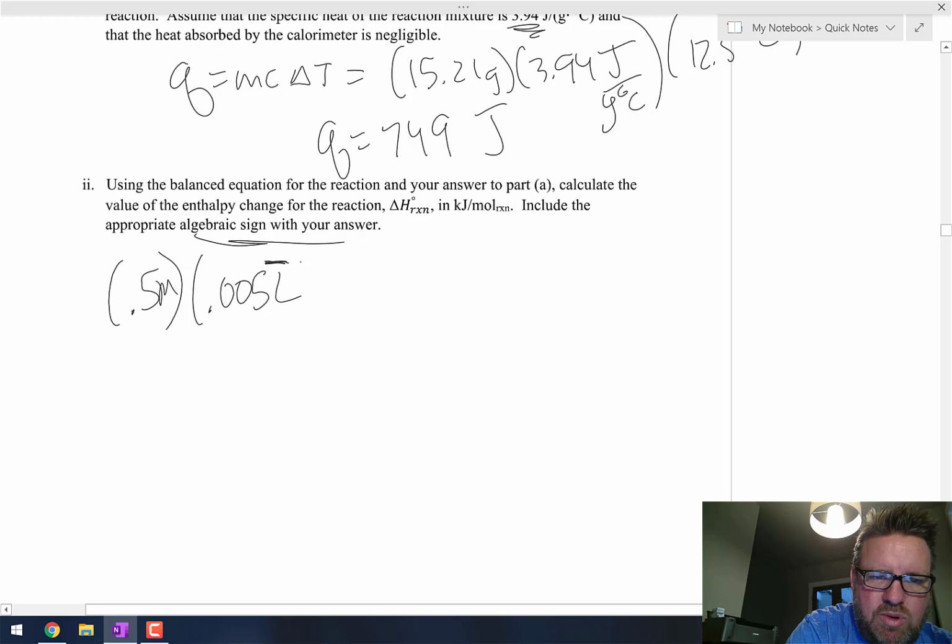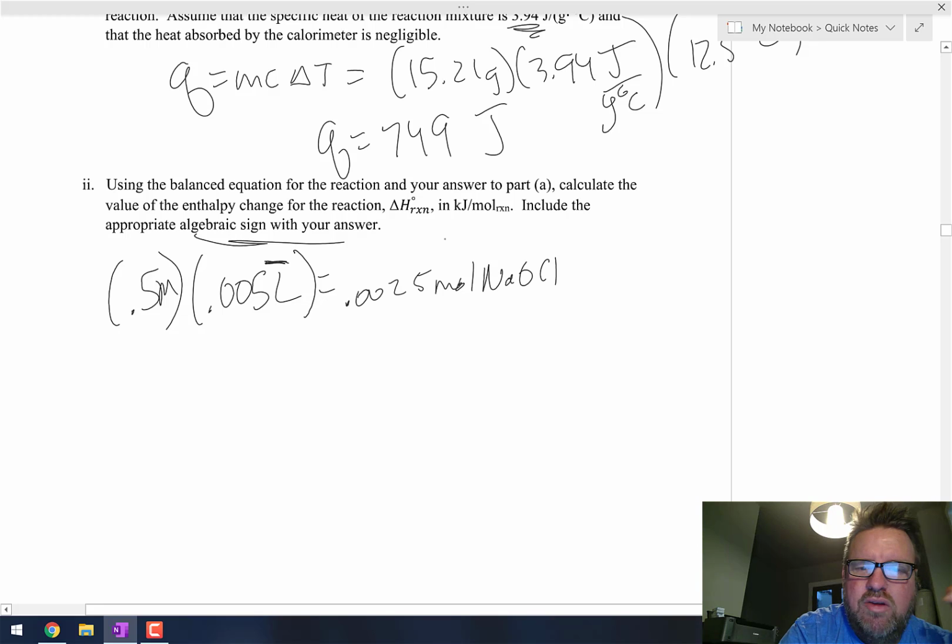So that's molarity, and that's going to get us to moles of NaOCl. That's half of that, so 0.0025 moles of NaOCl.